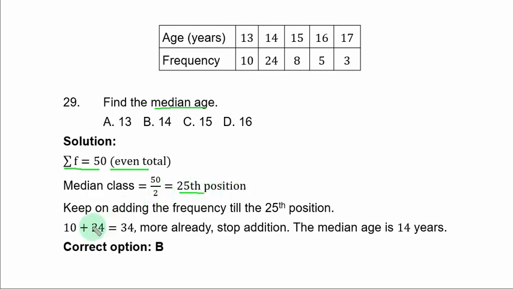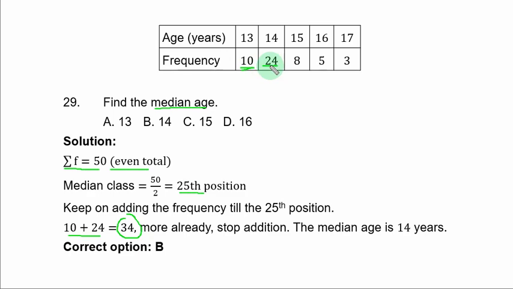You start by adding 10 plus 24 is 34. That is already more than 25. So where 25 is located is not 10 but 24, because you've added the 24 now. So the age against that frequency is 14.